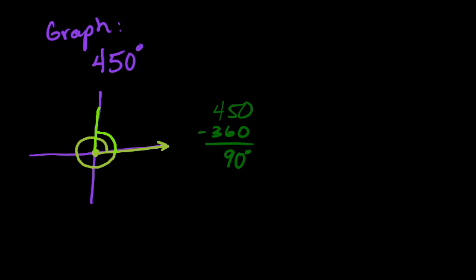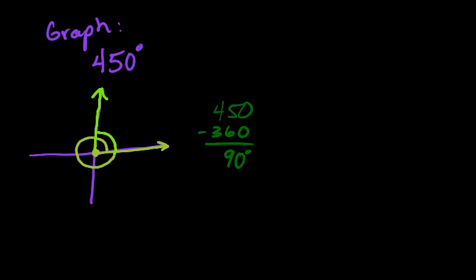And so we're going to draw in our terminal side. And there it is. What's interesting is that the graph doesn't look any different in the positions of the initial side and the terminal side. If you had graphed just 90 degrees itself, they would look very similar. But in this case, 450 goes all the way around and then to 90. And so that is 450 degrees.